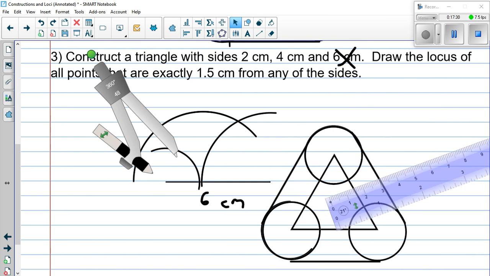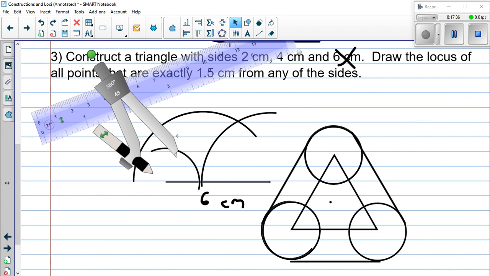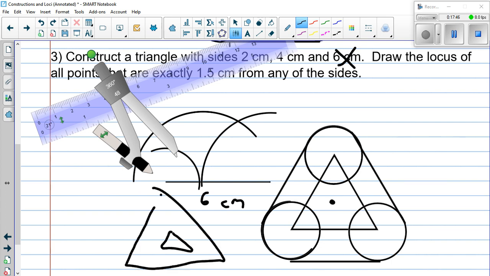Then here, 1.5. Oh, so if you look, that ends up just being our locus, a point right here for the inside. So normally you'd get a shape kind of like that on the inside. So you'd get kind of an A, like a bubble letter A if you're trying to draw one without the bottom to it.